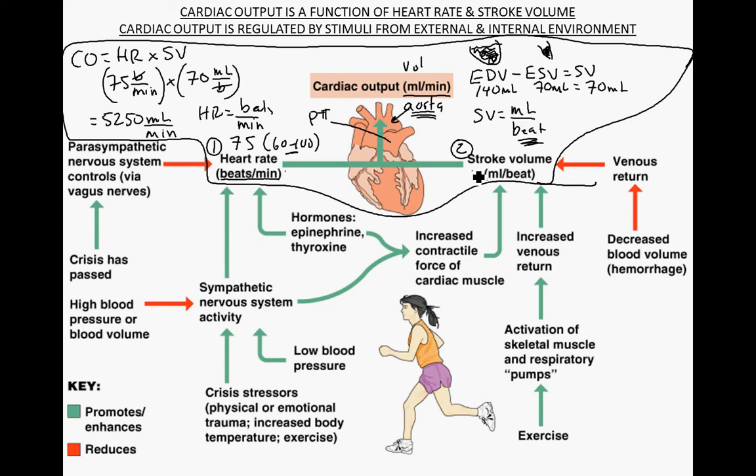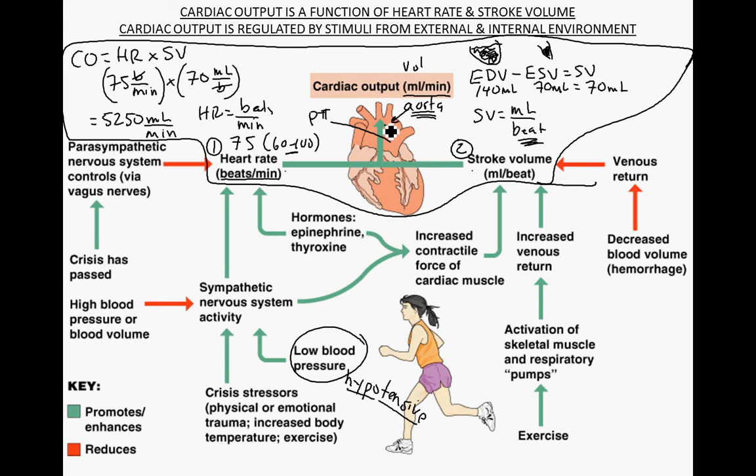For example, if we come down here, if you have low blood pressure, right, and that is meaning that you are hypotensive. Tension, pressure, hypo is below, so low pressure here. If you have low blood pressure, that low blood pressure is going to be detected by special cells that are in the aorta here, right?